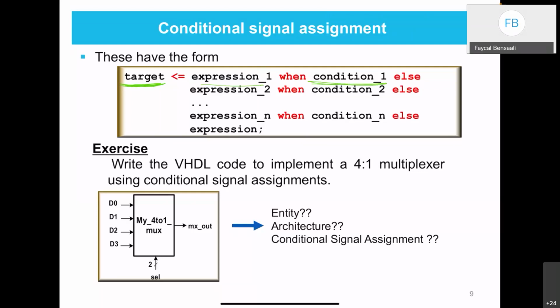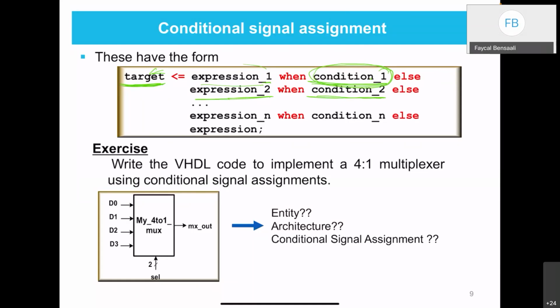So if this first condition is true, then this expression 1 will be assigned to the target. If not, condition 2 will be assessed. If it is true, then this expression will go to the target, and so on.